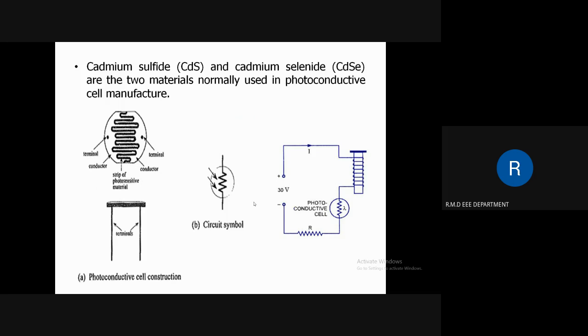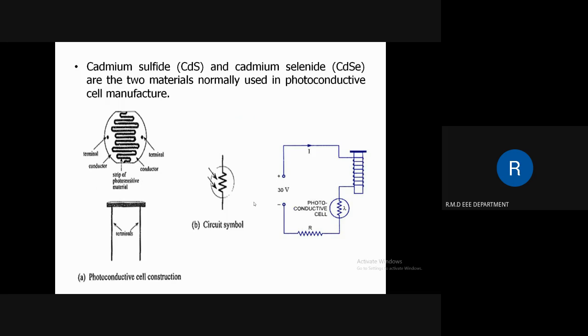These two materials are used in photoconductive manufacture. So, what is the photoconductive effect? It consists of a thin film of semiconductor like selenium or thallium sulfide placed over a thin film of semi-transparent metal. The iron base and the transparent metal are connected through a battery and a resistance.